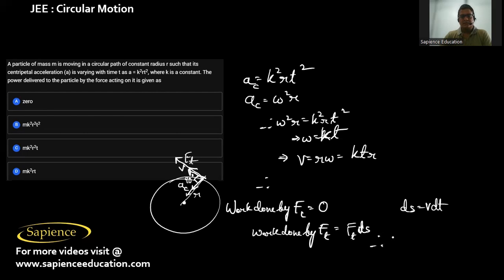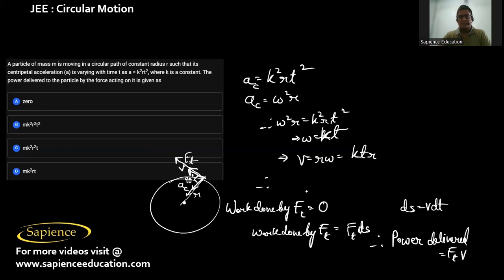So therefore the power delivered to the particle by the force will be equal to Ft into v.